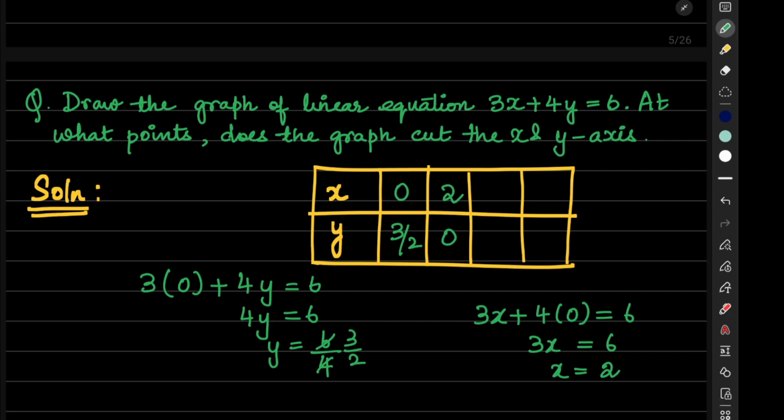After that, how many points are you asked? If you want, you can take another point. You can take x equal to 1, or try taking y equal to 1, or say, try taking x equal to minus 2.